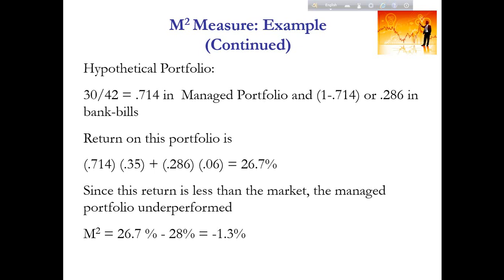So we can just compare the returns. The return on the hypothetical portfolio less the return on the market portfolio, after controlling for risk, is minus 1.3%. So it indicates that our managed portfolio has actually underperformed the market by 1.3%.